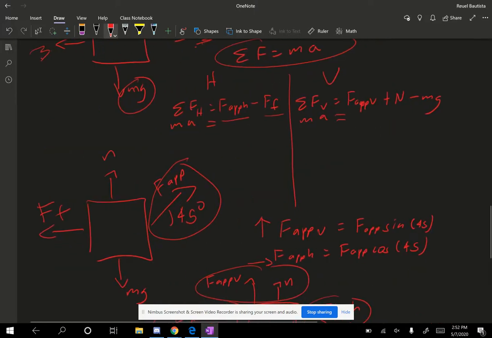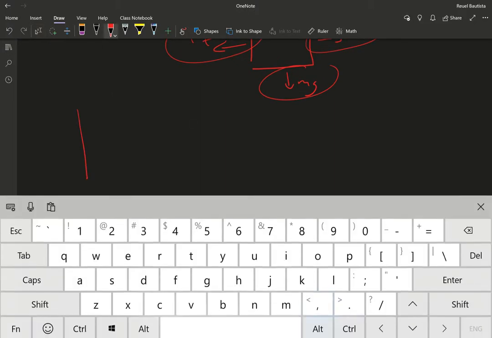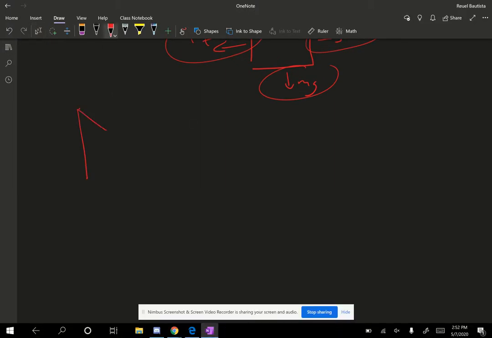Another thing you might see is an inclined plane problem. We're going to see this quite a bit. Inclined plane problems. The problem here is our axis becomes different, because the motion is no longer horizontal or vertical.